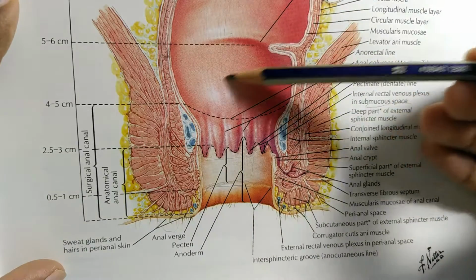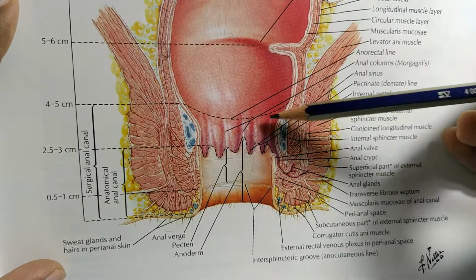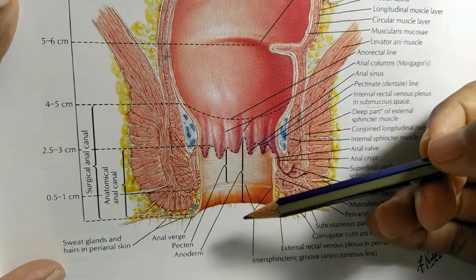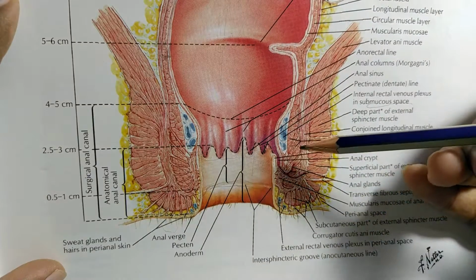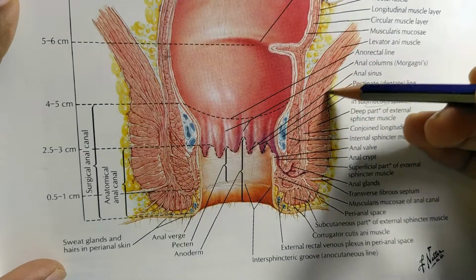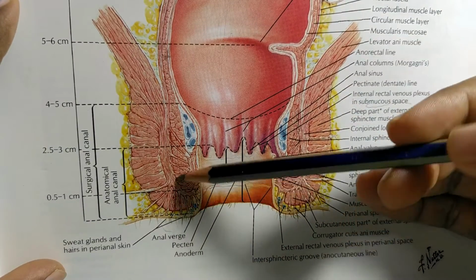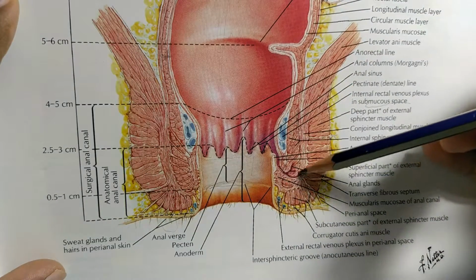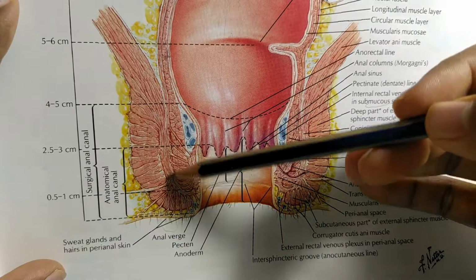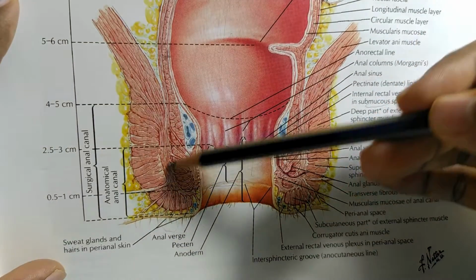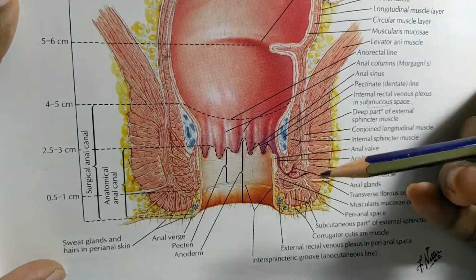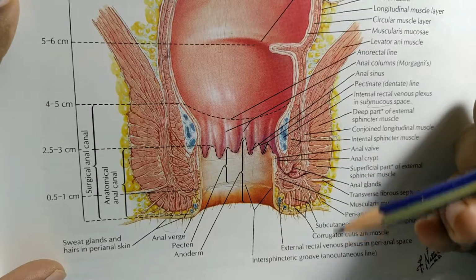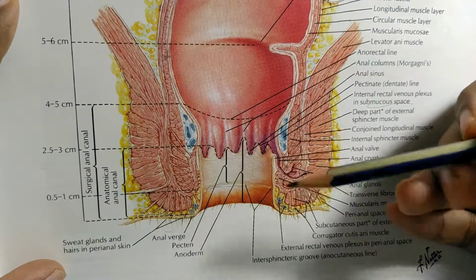So the fluid coming from the rectum and the gas are prevented by the internal anal sphincter, which is involuntary. And externally you can see a thick muscle, which is called the levator ani muscle, and the part of the longitudinal muscles of the rectum. These two muscles will voluntarily stop or prevent the fecal matter from going outside.